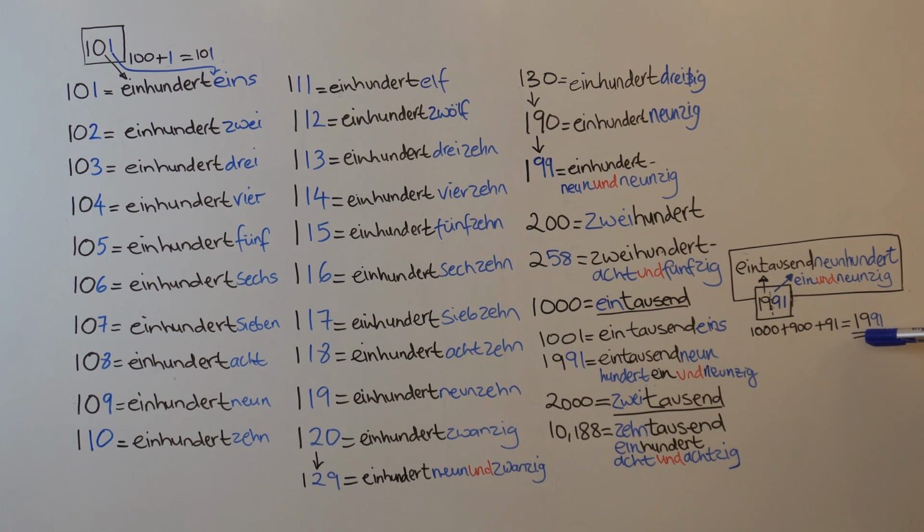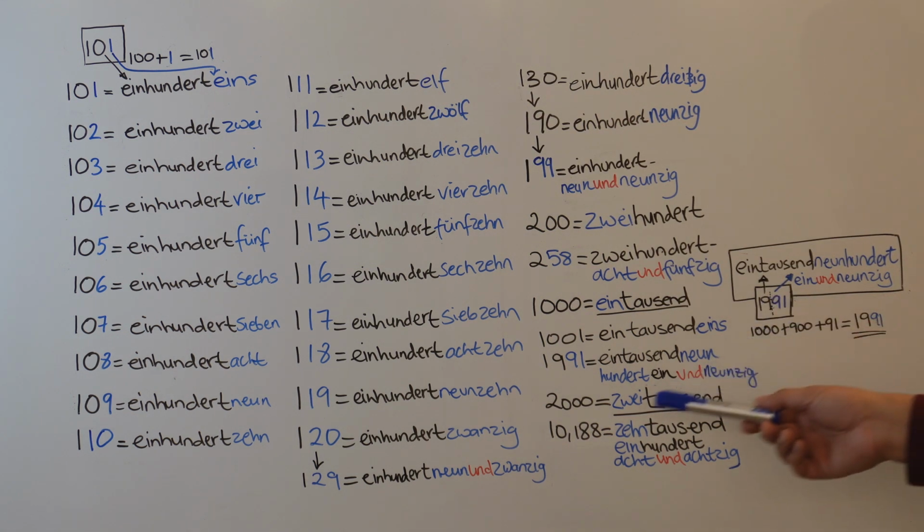So that will make 1991. So you see, over here you said 1000 first of all, and then you said 900, and then 91. So from 1000 to 900, and then to the smaller number 91. The same formula will apply as you have learned over there.